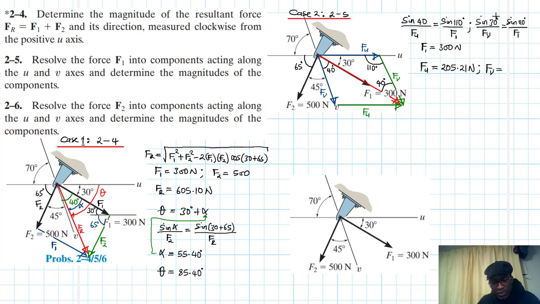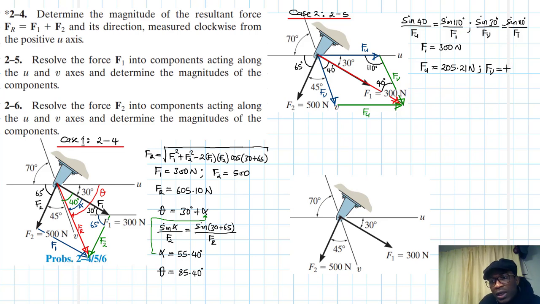And then Fv, using this equation, let me check Fu again. 300 sine 40 divided by sine 110, 205.21. Great. Fv, what is Fv? Fv is just going to be equal to F1, which is 300 sine 30, divided by sine 110.